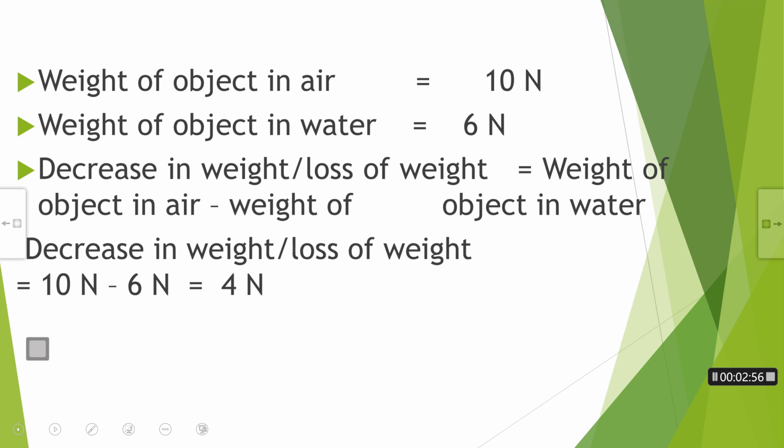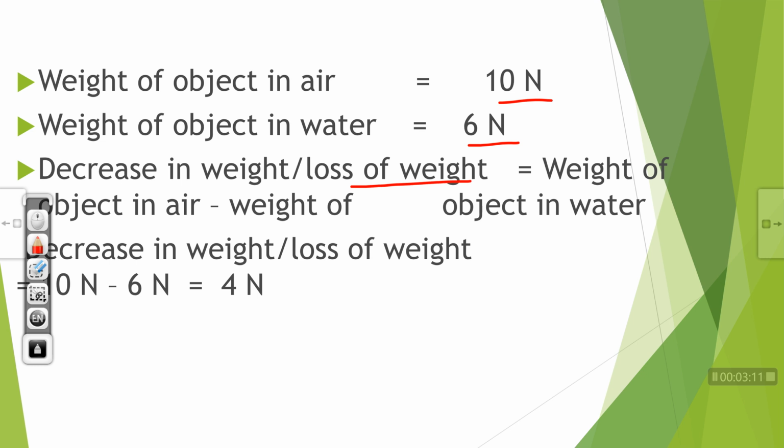From the figures, it is clear that the weight of the object in air is 10 Newton and the weight of the object in water is 6 Newton. So, now we can find the decrease in weight or loss of weight. We know that the weight of the object is more in air than in water.